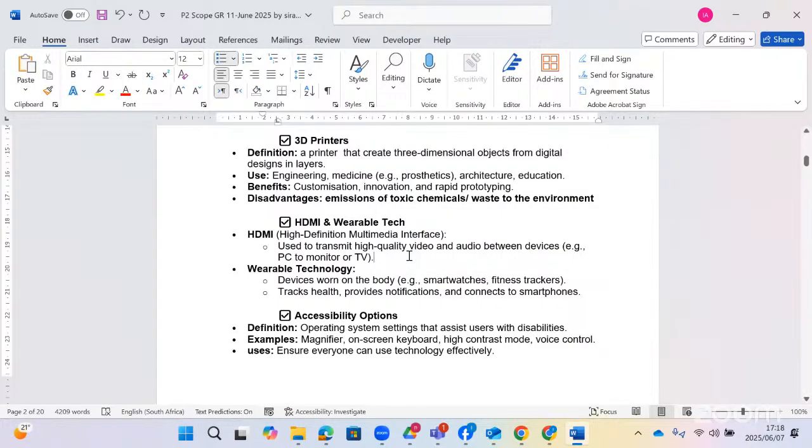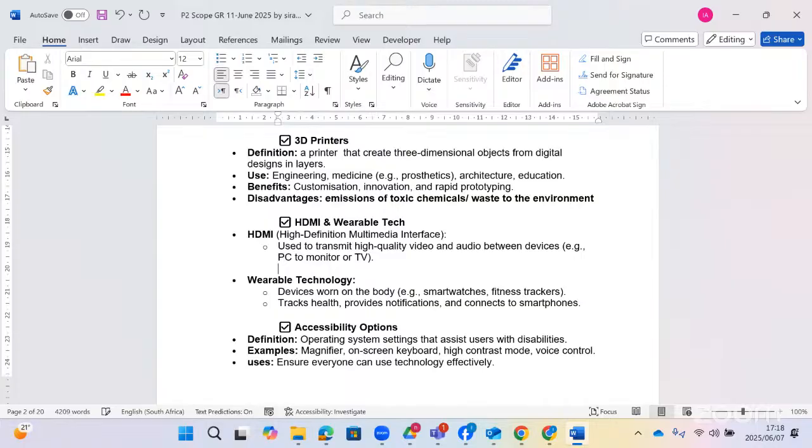VGA only supports the video, that's the visual output. So we also have VGA, which is the old cable, only supports visual output. So it is HDMI that supports both visual and audio output, and it also gives a high quality output. Right.